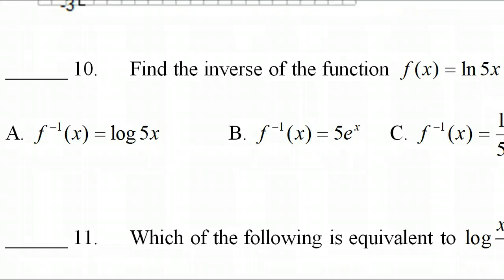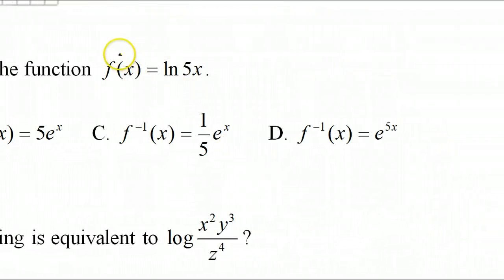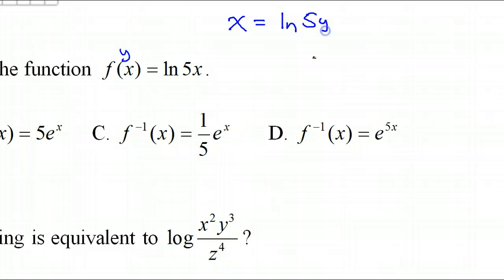Find the inverse of the function. So this is basically y. There are two main steps to finding the inverse: switch x and y, and then solve for y. If I switch x and y, I will have x equals natural log 5y. Now I have to solve for y.